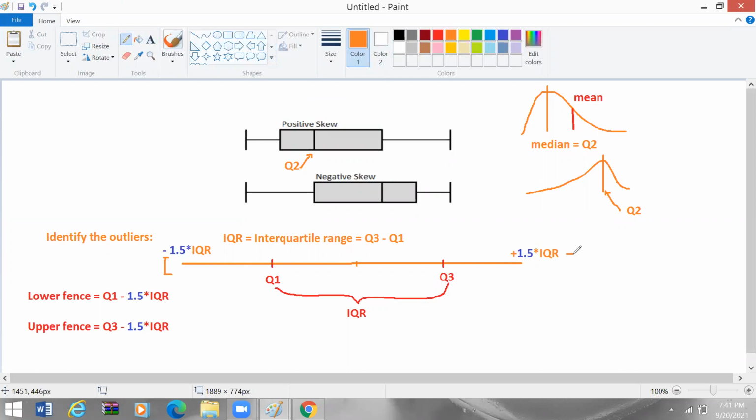But all of a sudden, I can find some data that goes out here, jumps to here or maybe jumps to there. If one of the data goes out of the boundaries, it will be called an outlier.